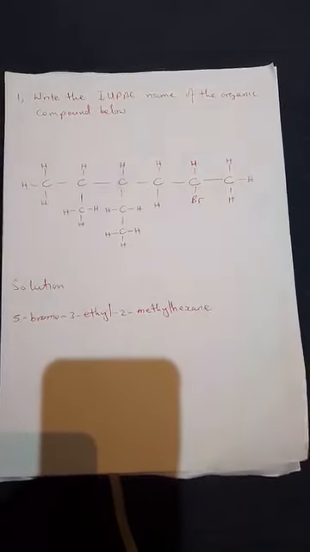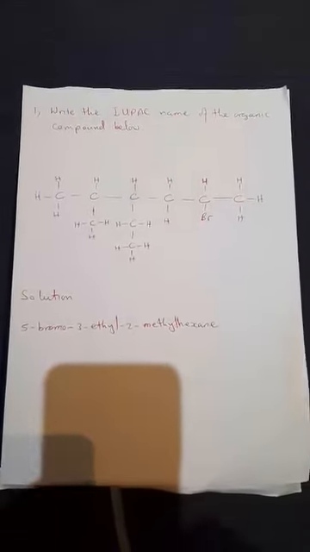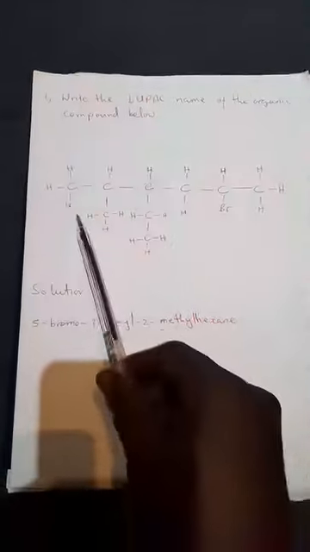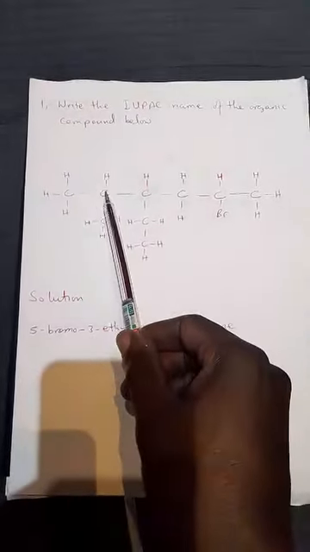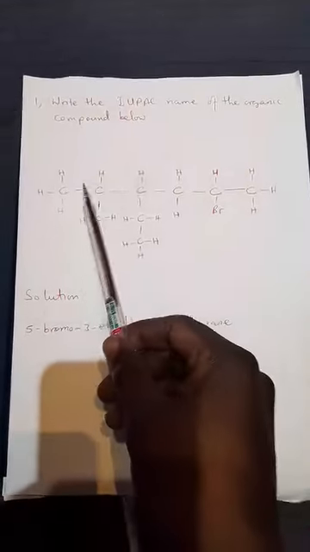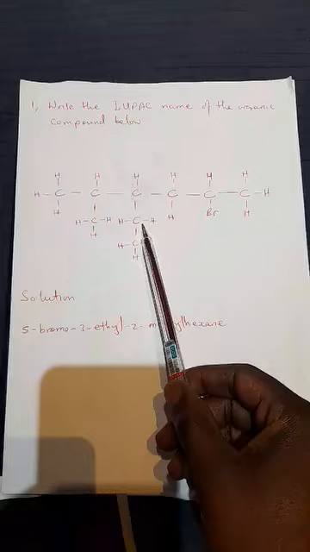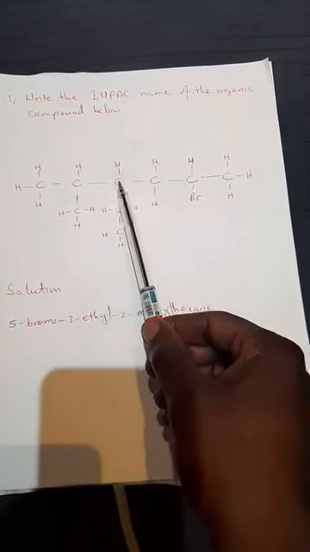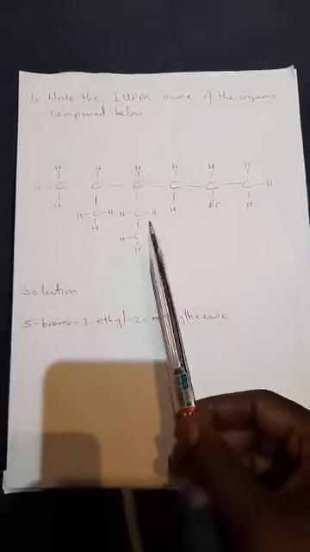So when we are identifying, let's see where we have the longest continuous carbon chain. Can it be 1, 2, 3? No. Can it be 1, 2, 3, 4, 5? No. Can it be 1, 2, 3, 4, 5, 6? Yes, it can be. Let's check again on another one.